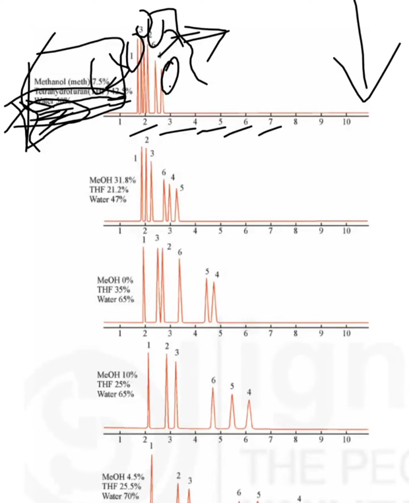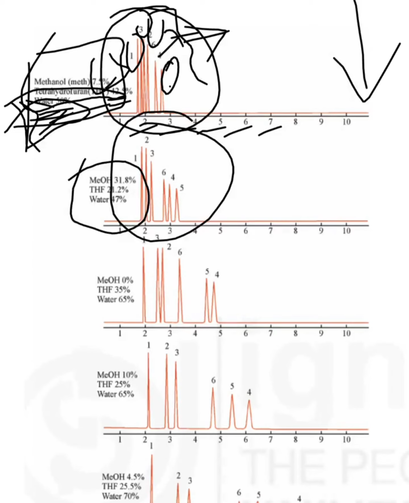So by varying the concentration of this ratio, you can see here, it will be separated. If you see the difference between this chromatogram and this, by varying the ratio of this mobile phase, we can separate it easily. You can see the separation.